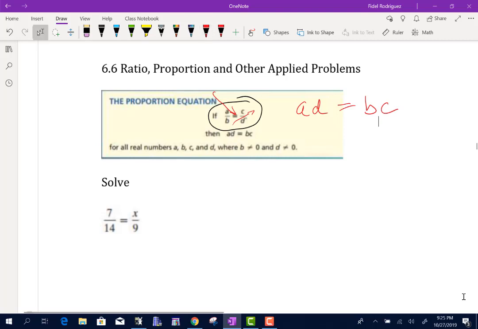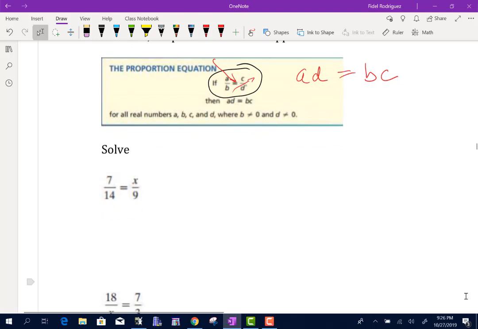So what we're really doing here in 6.6, we're going to go back and solve some equations, kind of like we did back in chapter 2. The first thing I'm going to do is cross multiply. So I'm going to multiply these numbers together. I know 7 times 9 is going to give me 63. And then 14 times x is going to give me 14x. Now I need to divide both sides by 14.